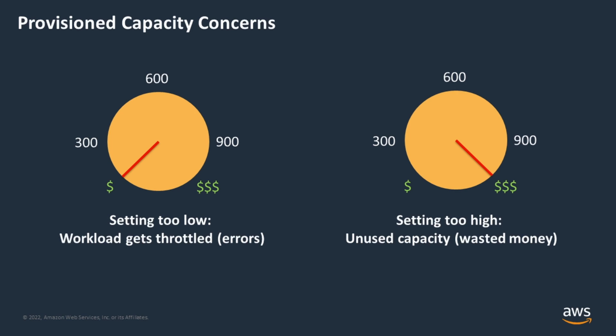So it is definitely a process that takes work and time, but over time, as you get familiar with your workload, you'll be able to tweak your settings for provision capacity mode to get the most out of your capacity units and to limit any waste that you might see in your unused capacity.